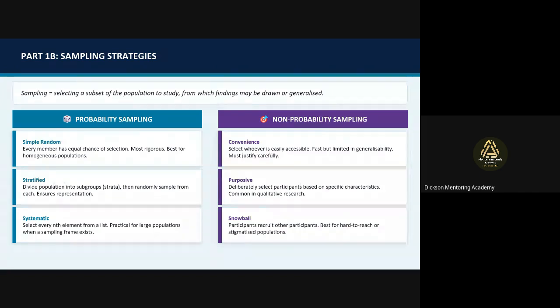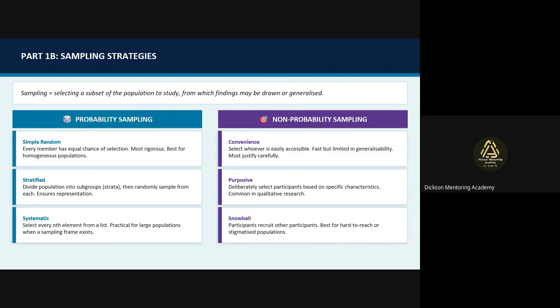Let's say everybody you get falls within the age group of 15 to 40. Then your results cannot be representative of people in the age group of 0 to 14 and 41 and above. So here you do stratified sampling, where you divide the population into subgroups, maybe age 0 to 10, age 11 to 20, age 21 to 40, and so on. So you now pick randomly from each age group. So this is stratified sampling.